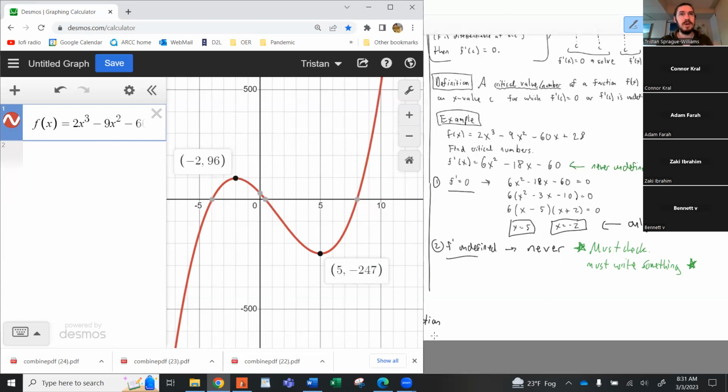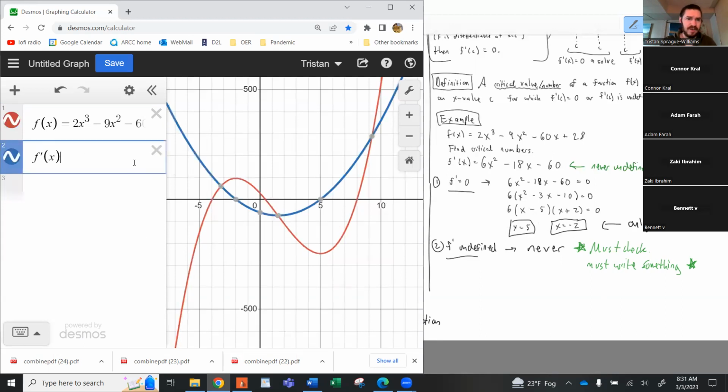So that's what we have found here. And we can also see, if we graph f prime, that f prime is crossing the x-axis. It's hitting 0 at those values, which is something we learned about back in chapter 3.